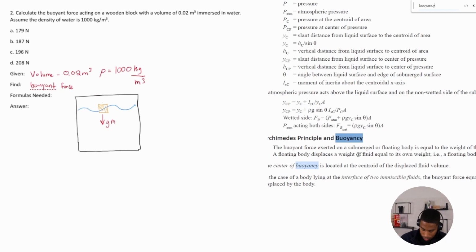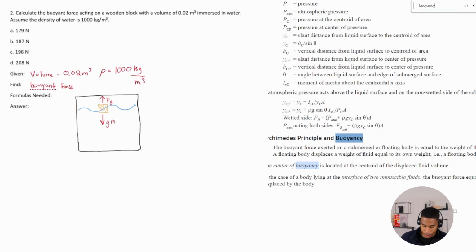And then we have the buoyancy force. It's pulling up on this thing to keep it afloat. So we just want to find what that is.